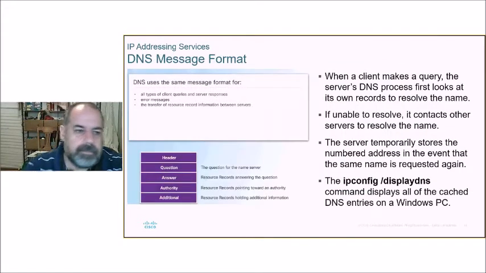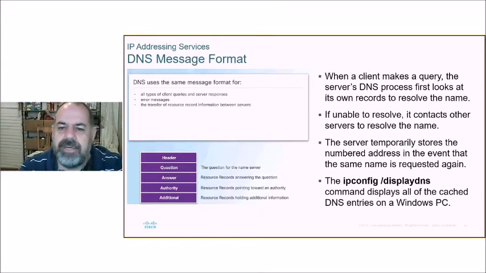So the DNS uses the same message format for all client queries and server responses, error messages, and the transfer of resources between servers. And so basically, there is a question part of a segment, there's a resource part of the segment, and there's an authority, and then there's any additional information as well.